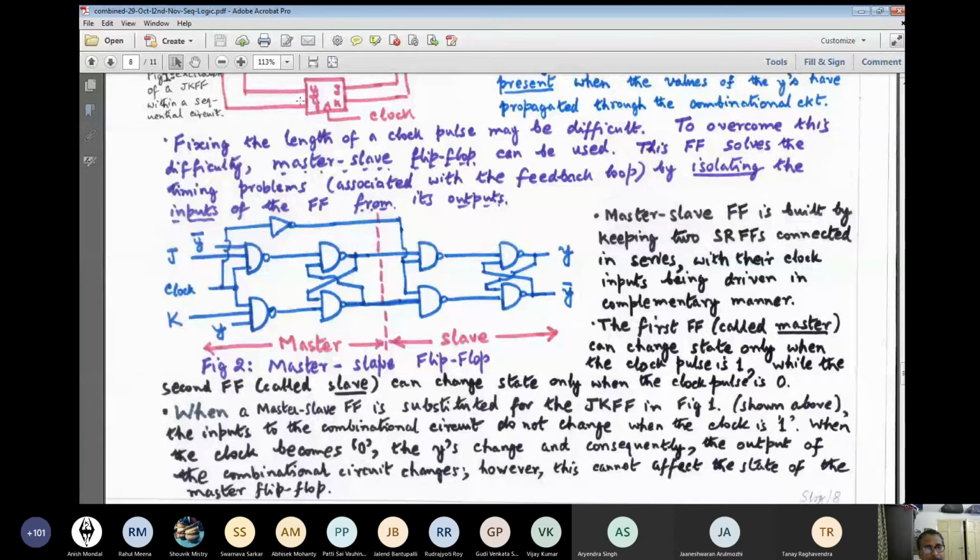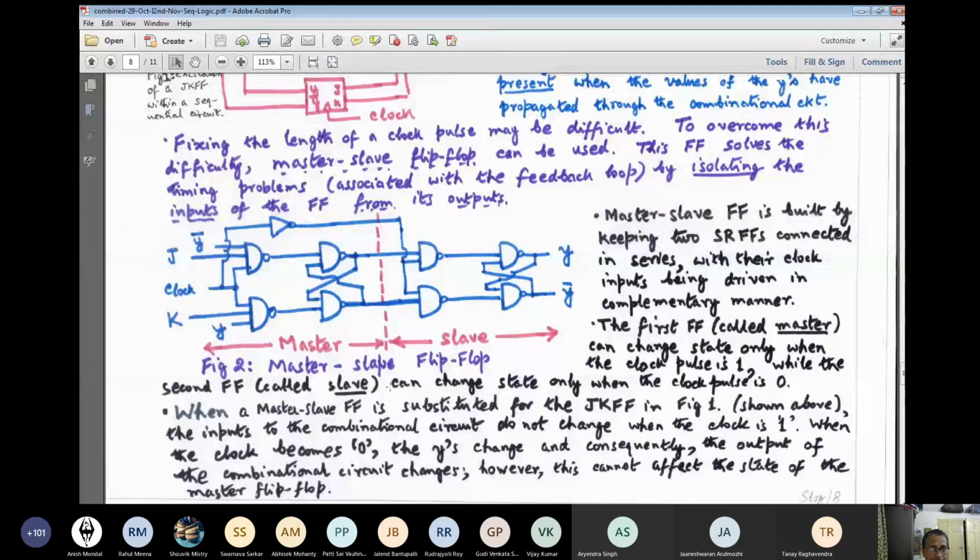Depending on the relation of the on time of the clock and the gate delay, it can happen probabilistically that Y changes from 0 to 1, and again from 1 to 0. That means instead of changing only once while the clock is present, it can change twice. That will create a problem. We wish to prevent that. That's why we are substituting this simple JK flip-flop by this master slave flip-flop.